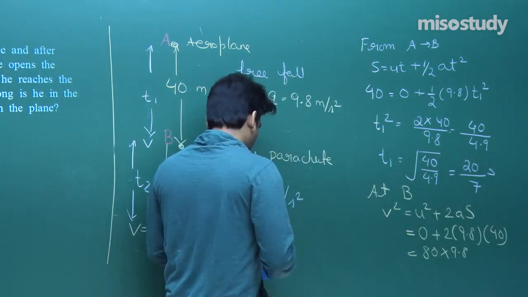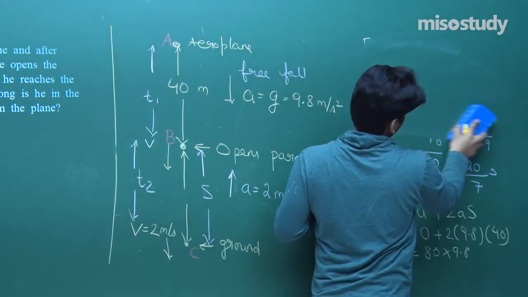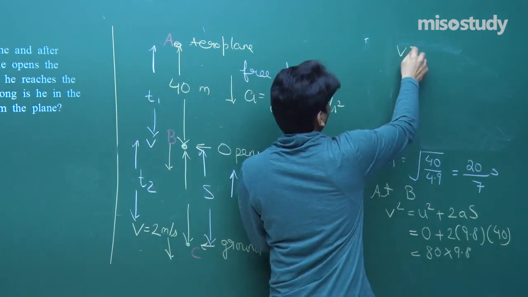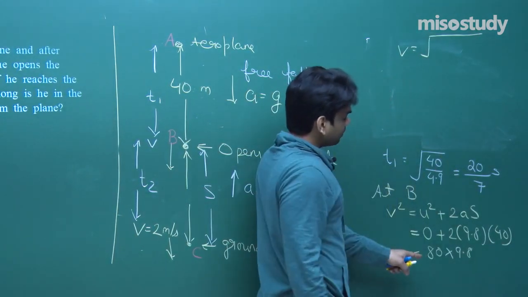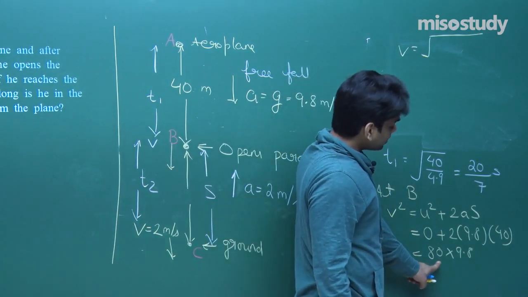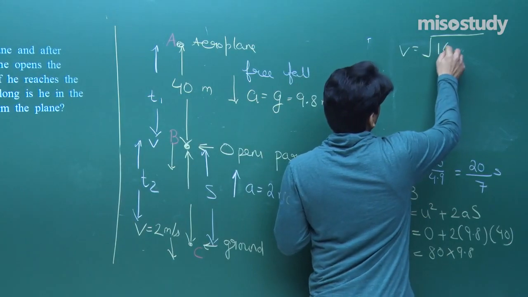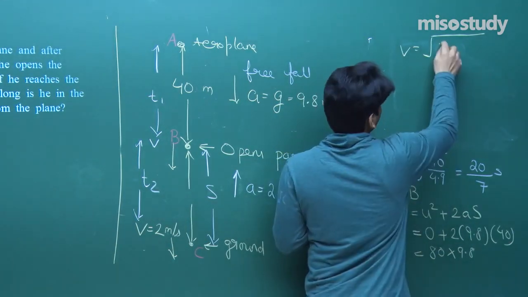So let me show you all here what will be the value of the velocity. That will come out to be V equals under root 80 into 9.8. See how we can simplify this.